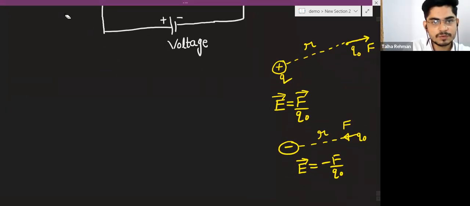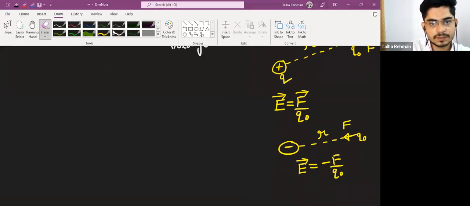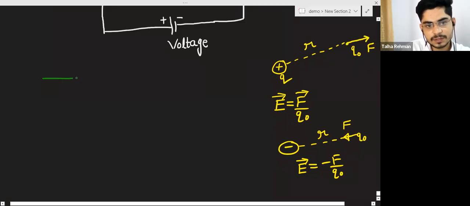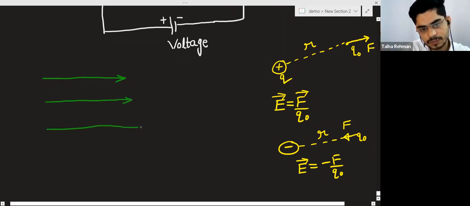So from here you can see that the electric field is like this, from positive to negative. Here is the electron. Electron is negatively charged.